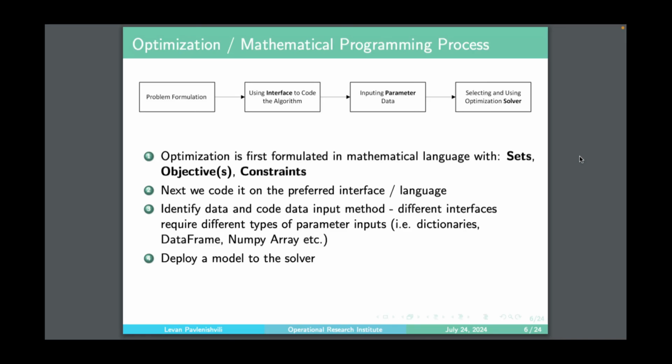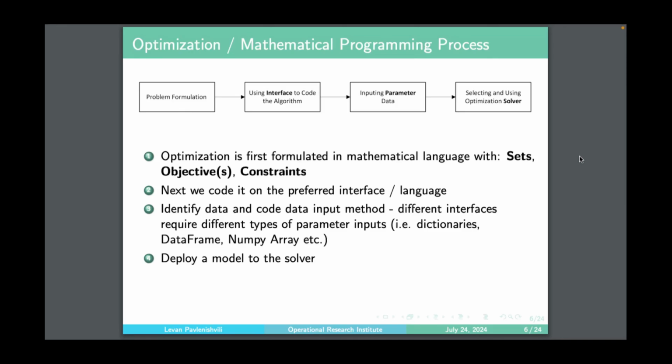Normally, most optimization problems cannot be coded right away in Python. You have to use a certain kind of package or interface package in order to program it as an optimization problem. And then you find data, get input parameters, put it together, and then send it to the solver to get a solution.